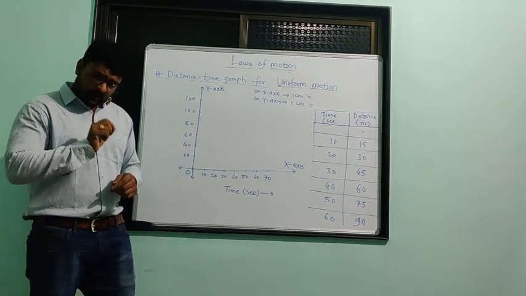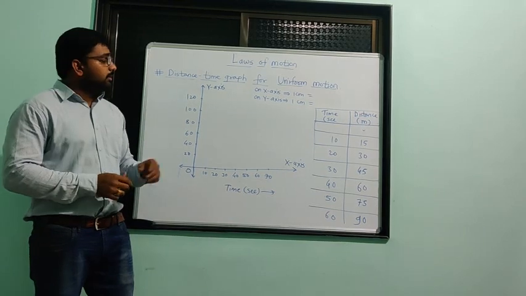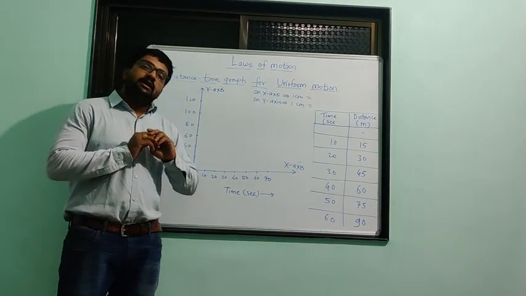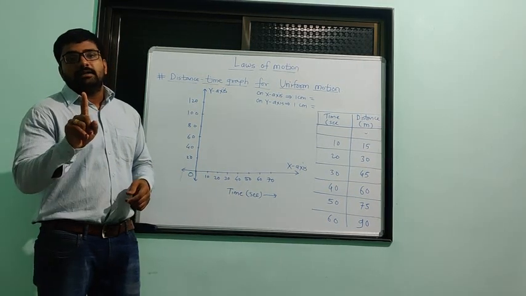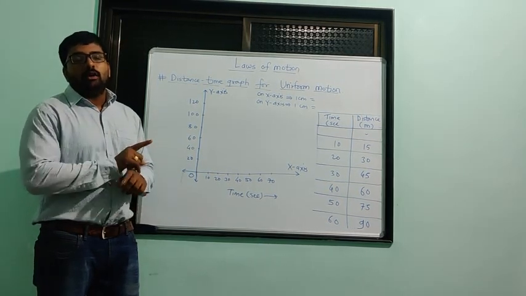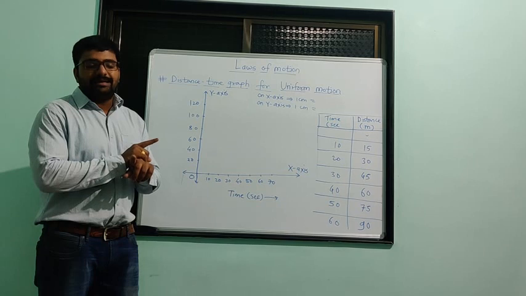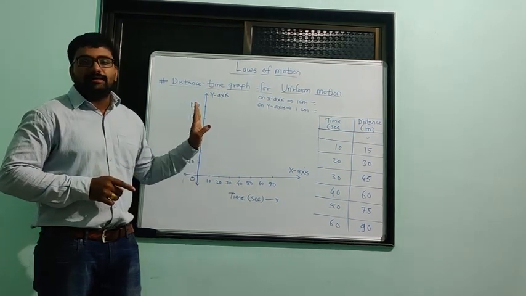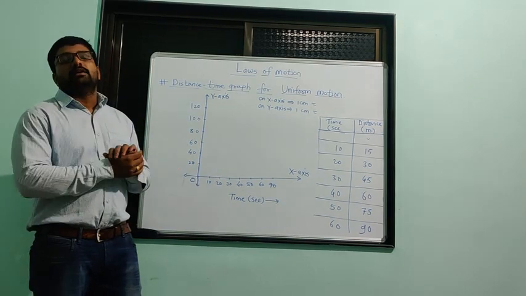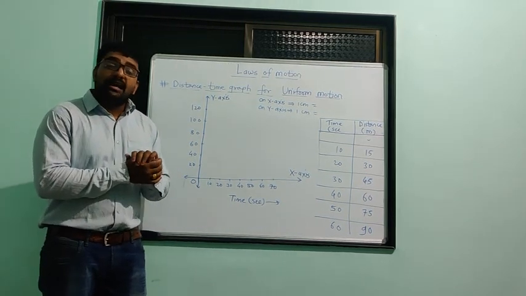And zero acceleration means what? If the velocity of an object remains constant throughout the motion, then no velocity change takes place. That is why that acceleration is called zero acceleration. That much part we have studied up to the last lecture.